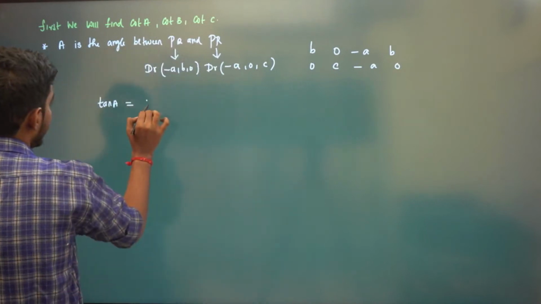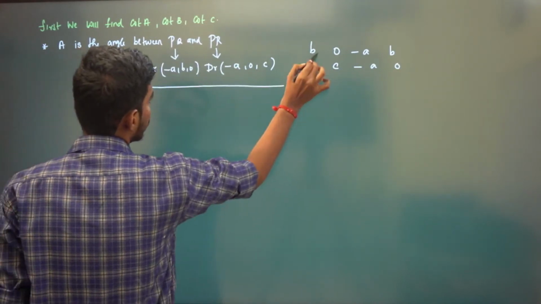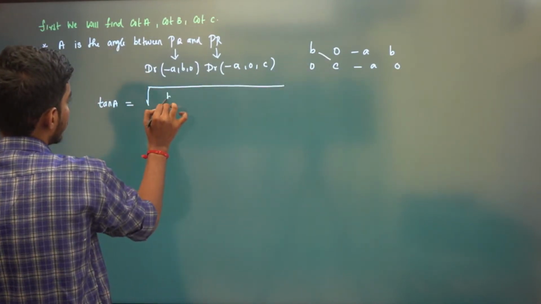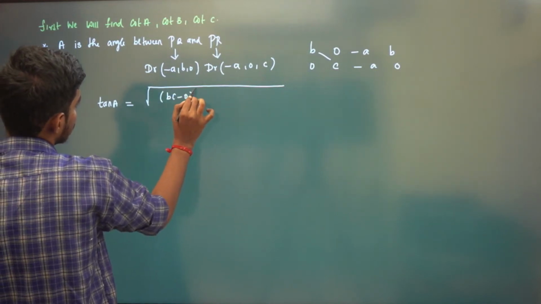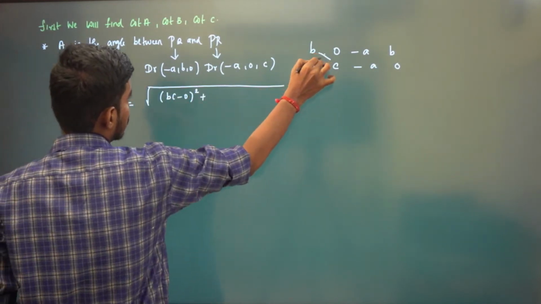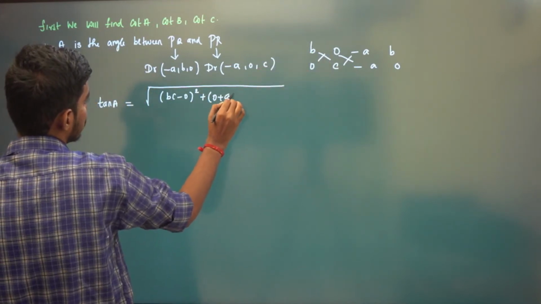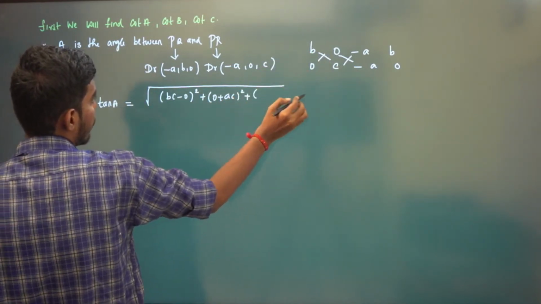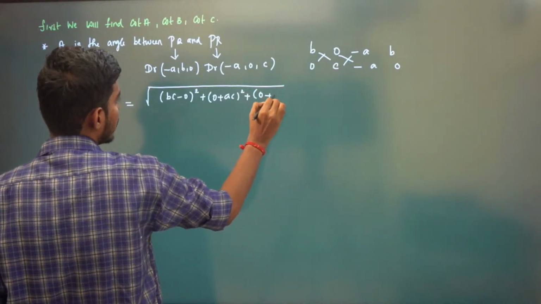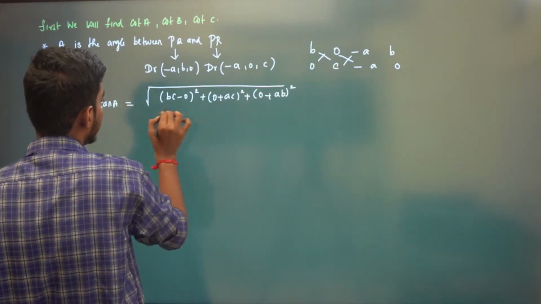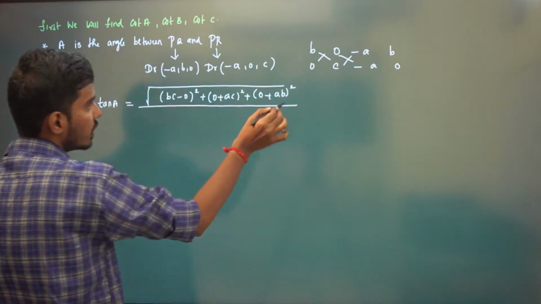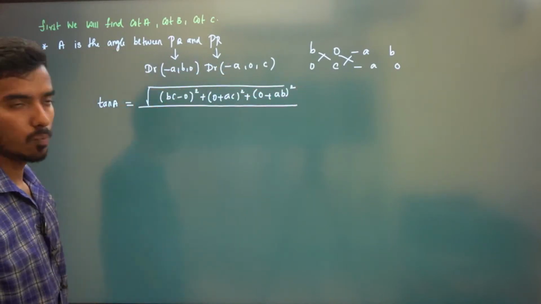So tan A will be the square root of (bc minus 0) whole square plus (0 plus ac) whole square plus (0 plus ab) whole square, divided by a1 a2 plus b1 b2 plus c1 c2.